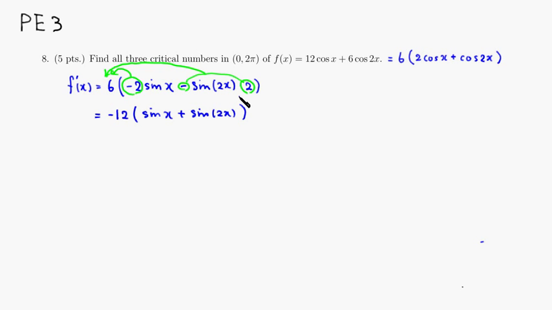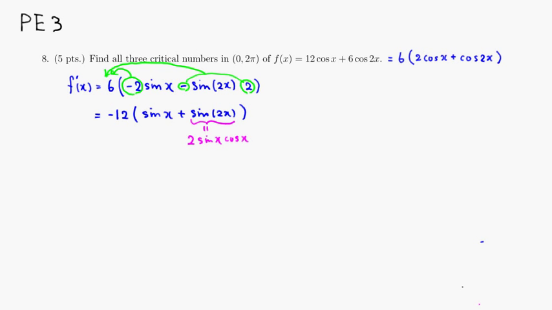Then I would like to use the trig identity to rewrite this. Sine of 2x is 2 times sine of x times cosine of x.